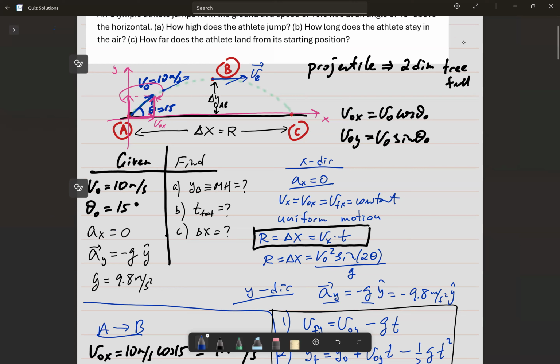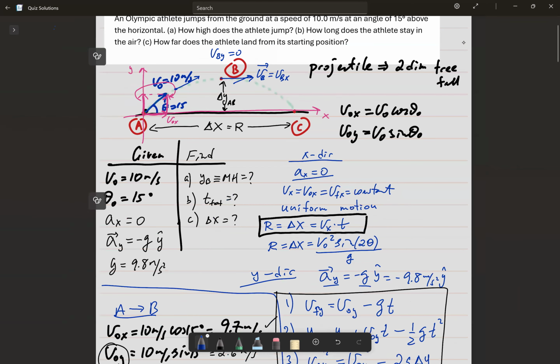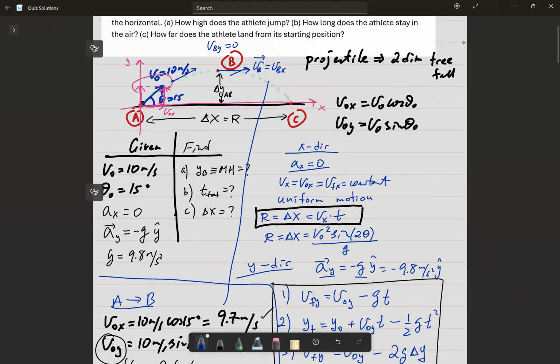At this point, the velocity in the vertical direction at point B is equal to 0, and the velocity itself is going to be equal to its x component. That means the velocity at point B is actually 9.7 meters per second. It has no y component.